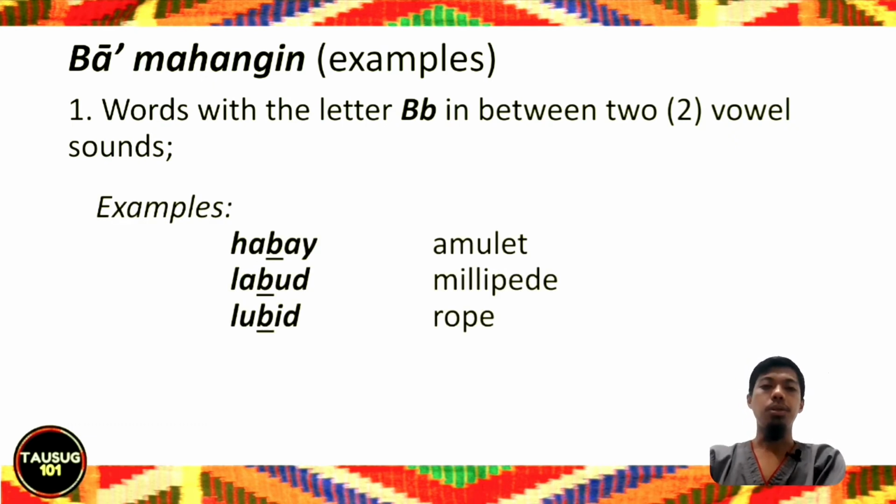Here we have examples. Havai. As you can see, the letter ba here is placed in between two vowel sounds, namely letters a. Havai, not havai.